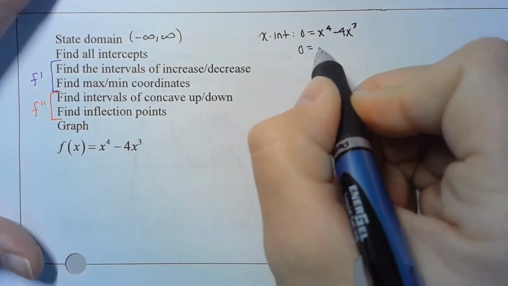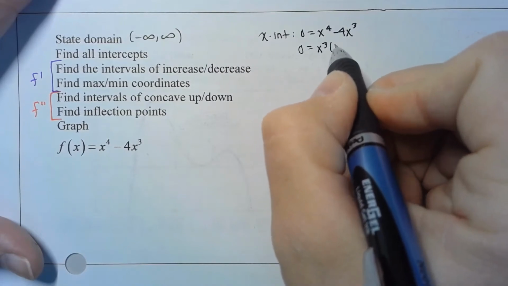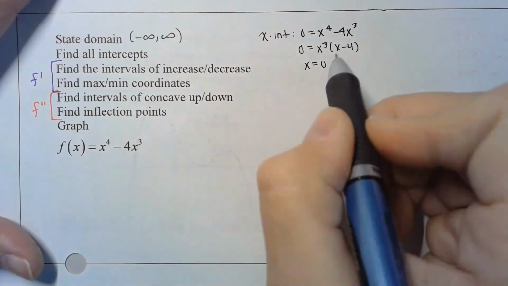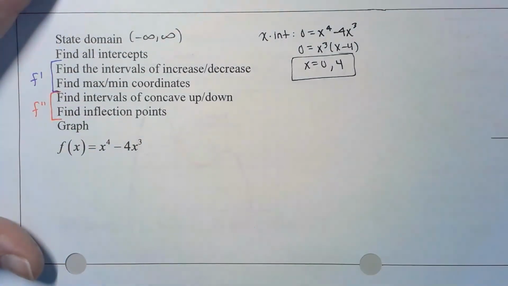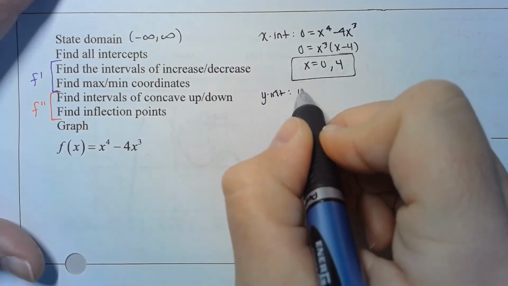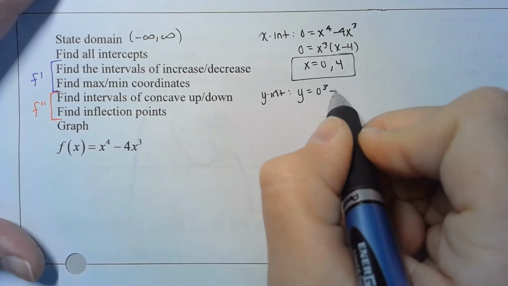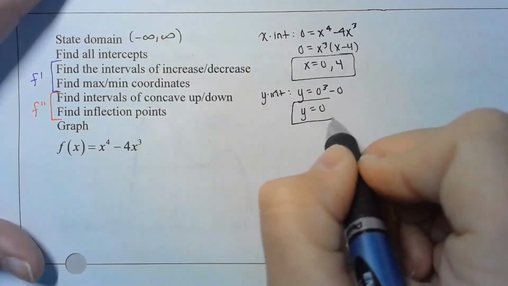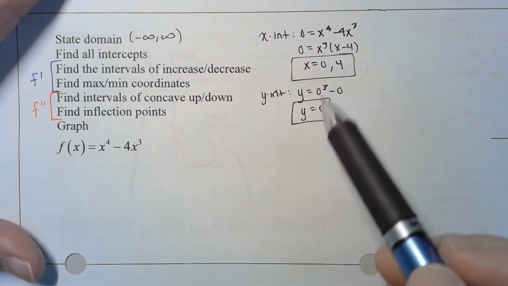Let's factor out an x cubed. So I have x-intercepts at 0 and 4. I'm going to box that in because that's something I'm going to put on my graph in a little bit. A y-intercept, we plug in a 0 for x, which is 0. So there's my y-intercept. Well, that's not very helpful because it's the same thing.